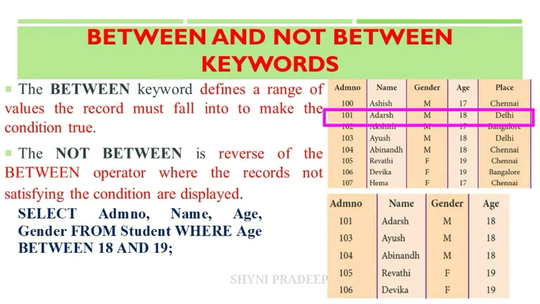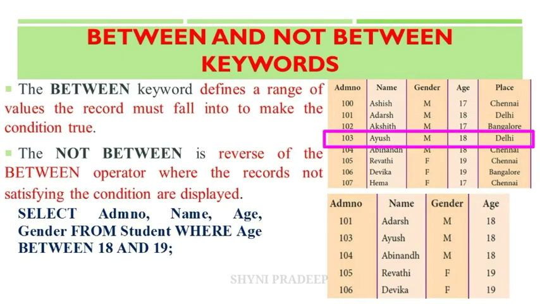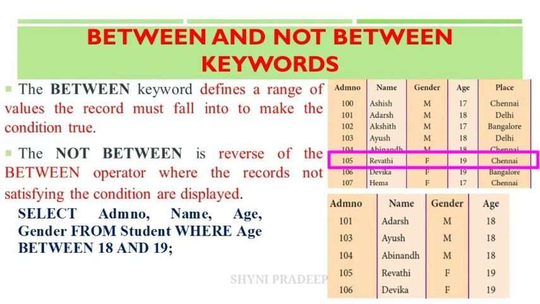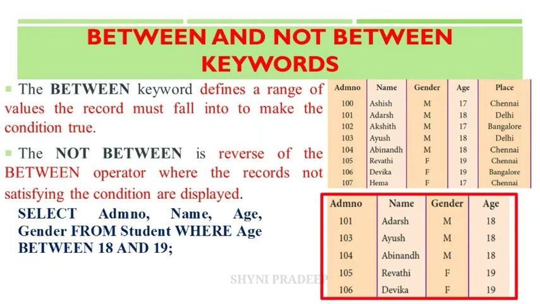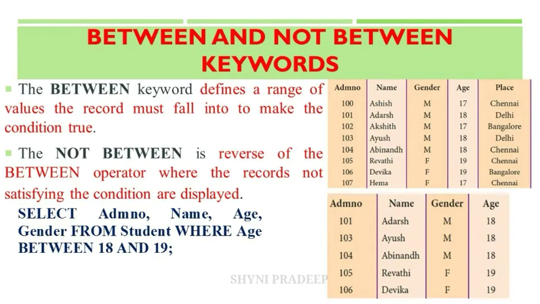See here, Adarsh age 18 and Ayush age 18, Abhinand age 18, Revati 19, Devika 19. It will be printed on the output screen. See here, this is the output. Here you have to take the age between 18 and 19 only. Okay, leave other records.